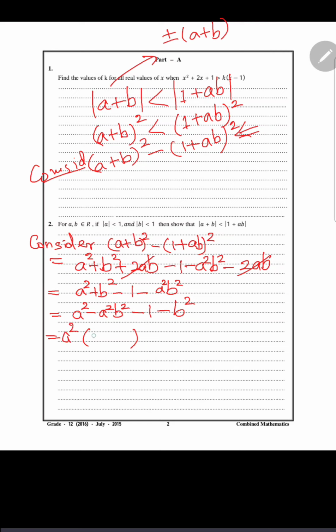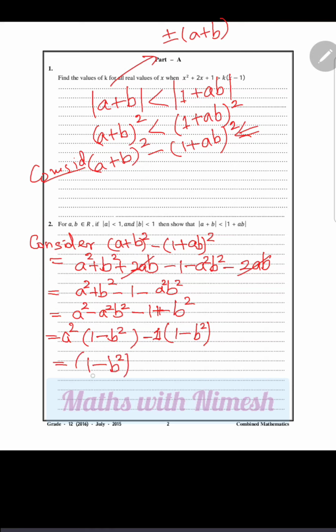So when I take a squared out, it is (1 - b squared) inside the bracket. This is plus b squared. Then when I take minus 1 out from these two, we have (1 - b squared) inside the bracket. Now from these two, (1 - b squared) is a common factor, and inside the brackets we get this.